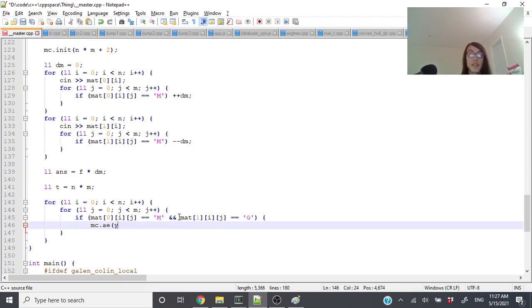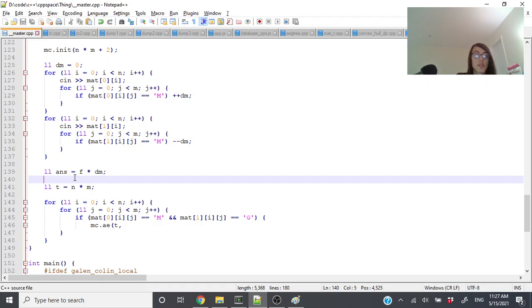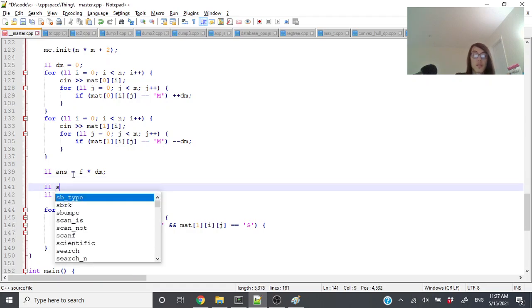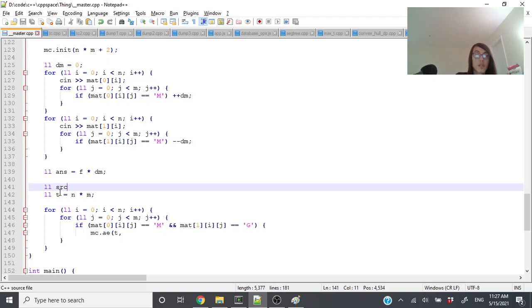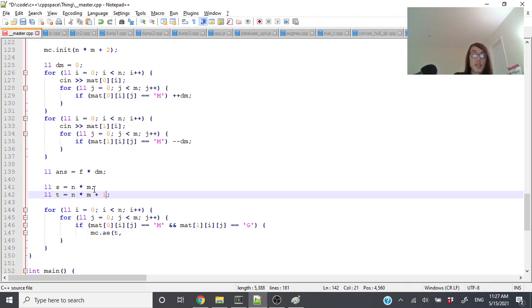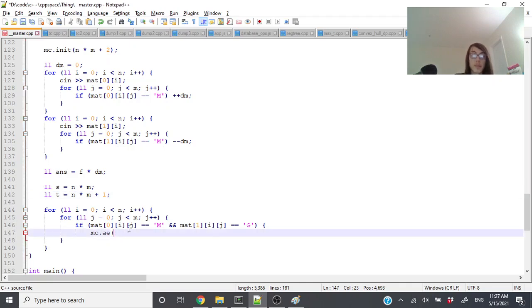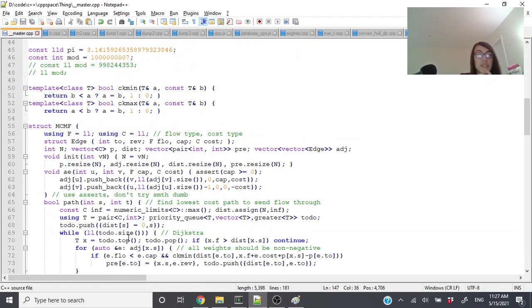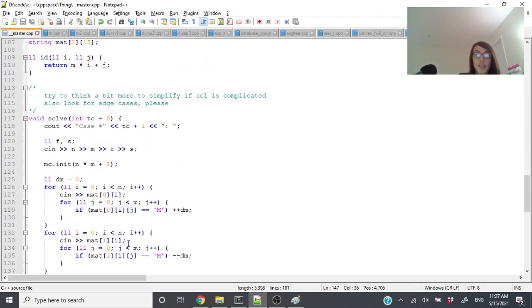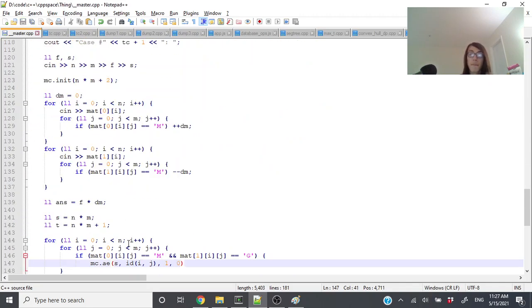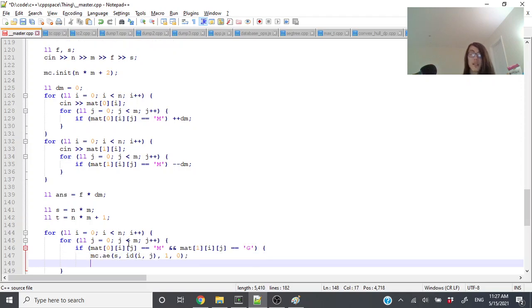So we add an edge from T. T is like the source, or the starting vertex, n times m. And then T is the ending vertex. So we add an edge from the source to this vertex with, I think capacity is first. Yeah, so capacity 1 and cost 0, because that's the initial thing. We sort of get that for free.